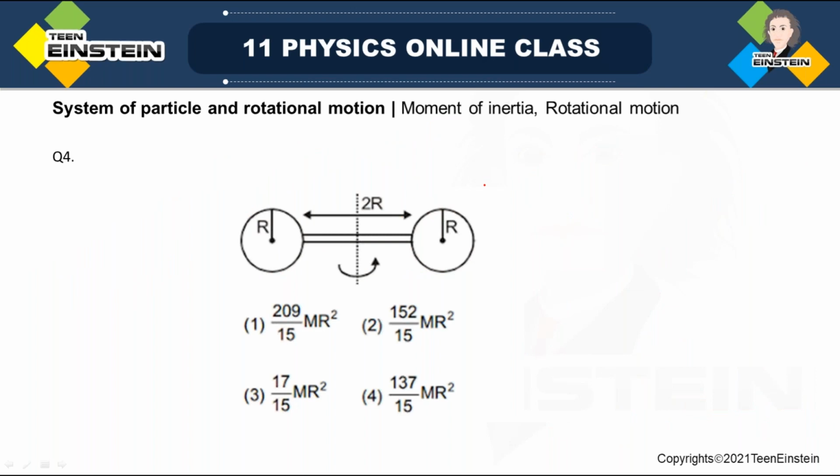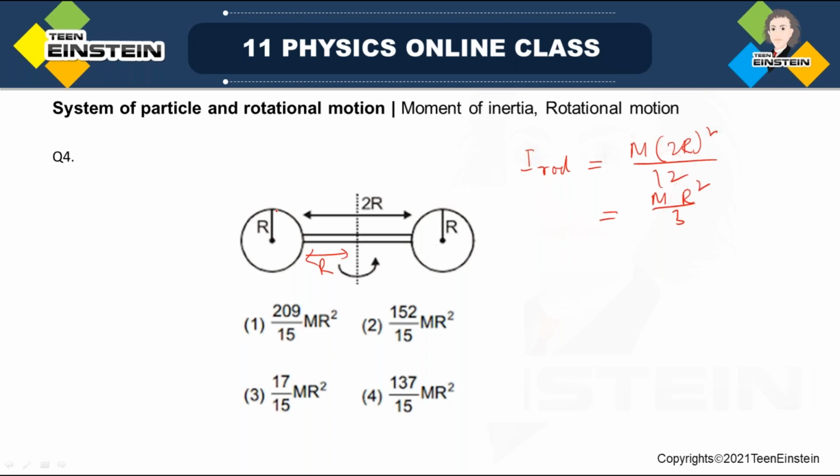Okay, let me just repeat it because there was some calculation mistake. Rod has moment of inertia m 2r square by 12, so this will be m r square by 3. I have two spheres at the end, so this much is r.